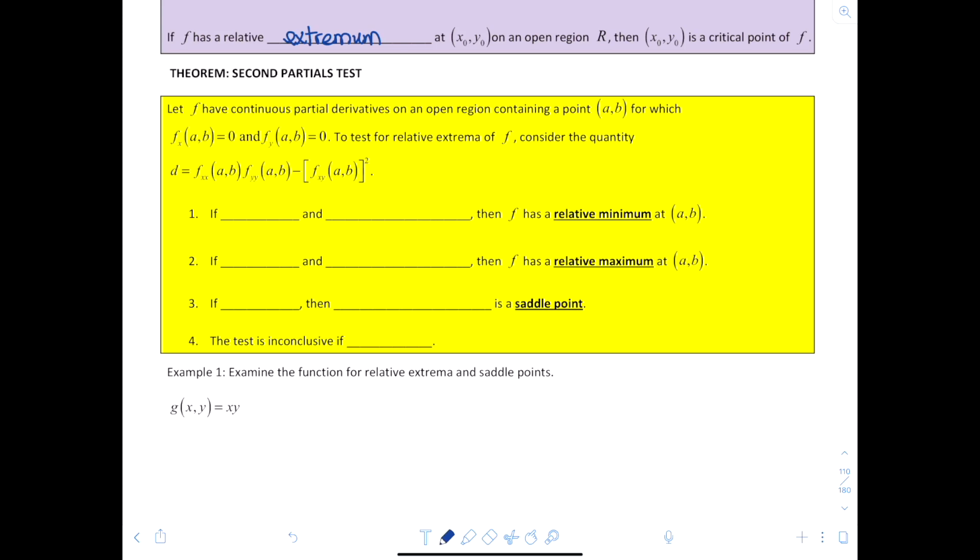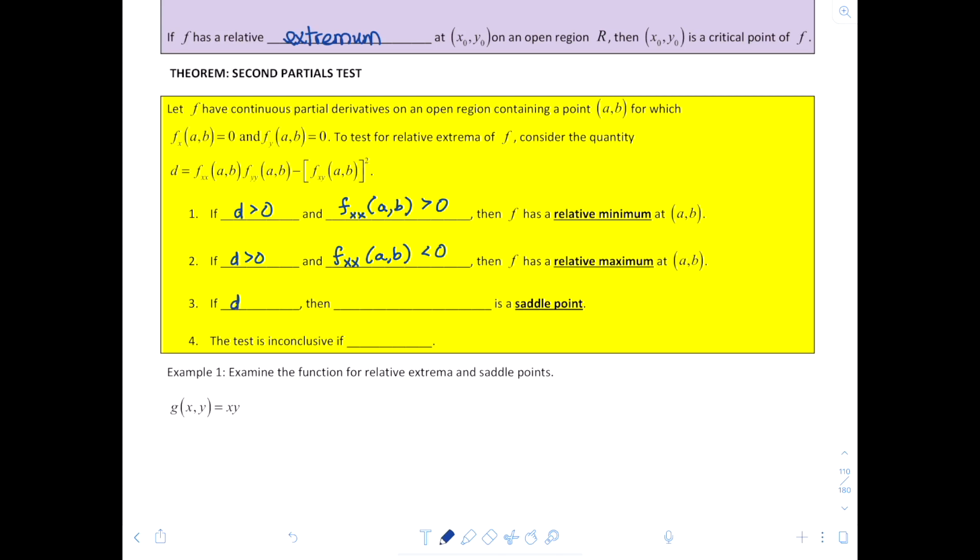If d is greater than 0 and fxx at (a, b) is greater than 0, then f has a relative minimum at (a, b). If d is greater than 0 and fxx at (a, b) is less than 0, then f has a relative max at (a, b).